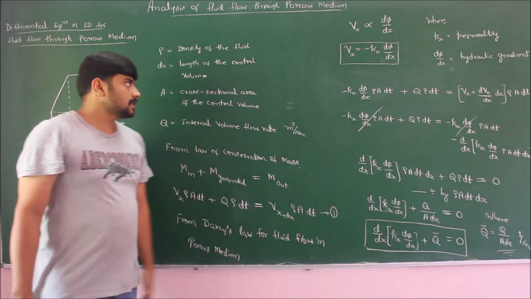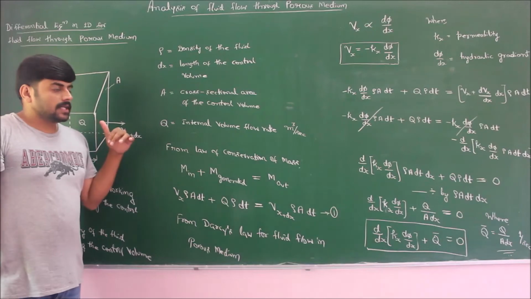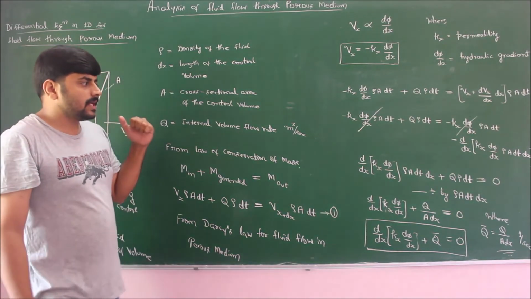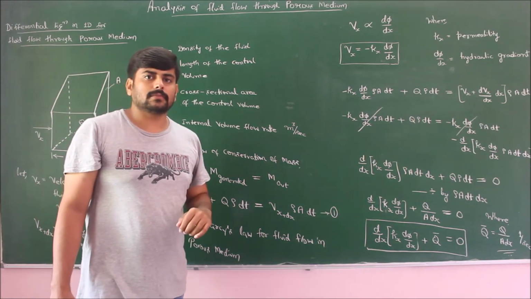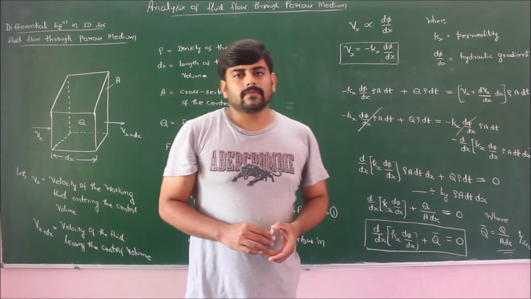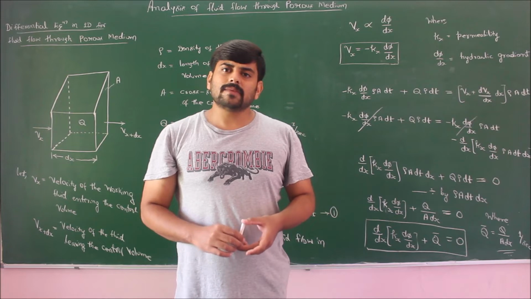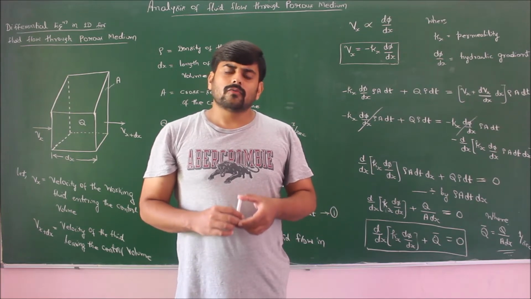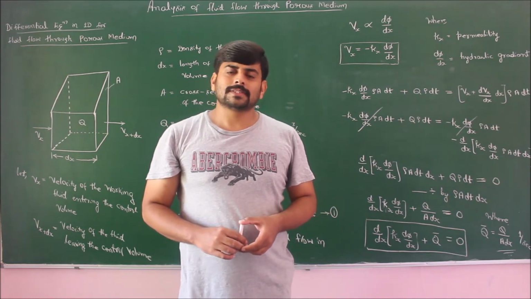So this completes the expression for differential equation in one dimension for flow through porous medium. Now let us move on and discuss the finite element formulation for fluid flow through porous medium.